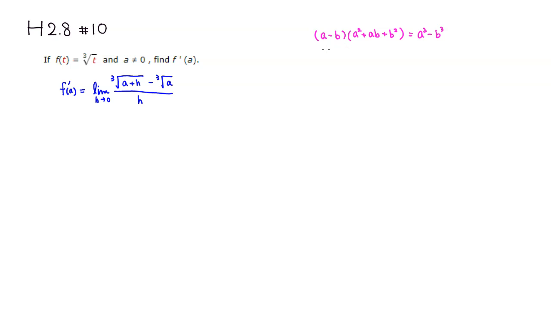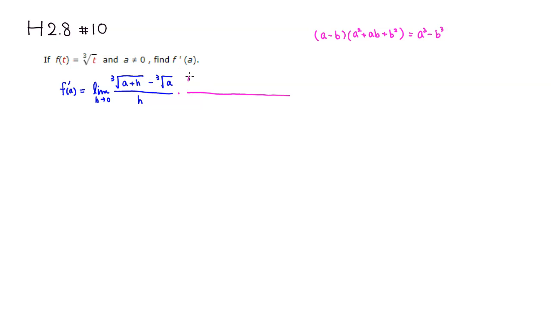So think of this as a here and b here. I'm going to multiply by a squared plus ab plus b squared. This is going to look a little bit yucky.